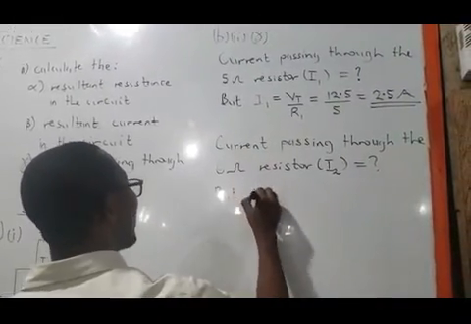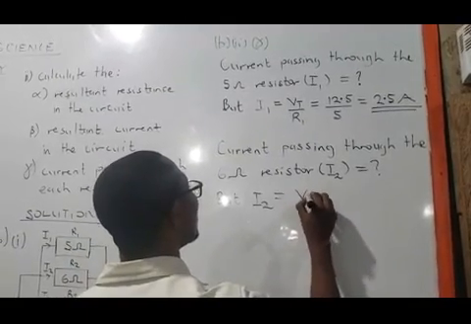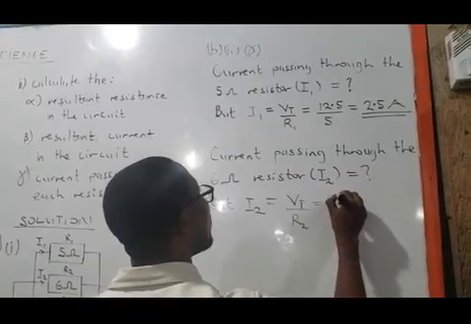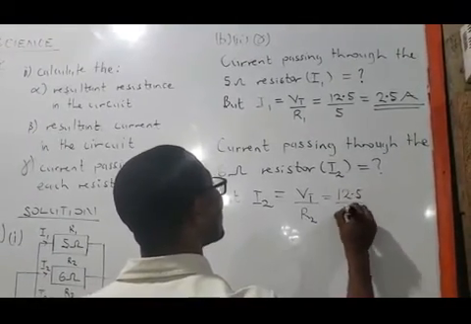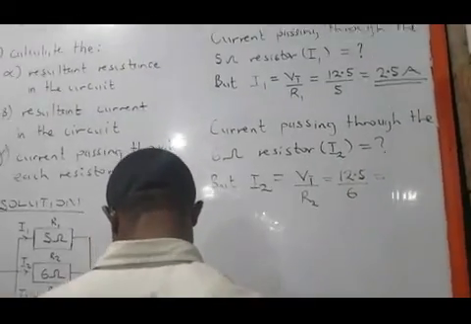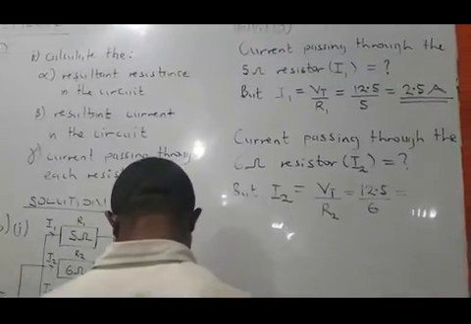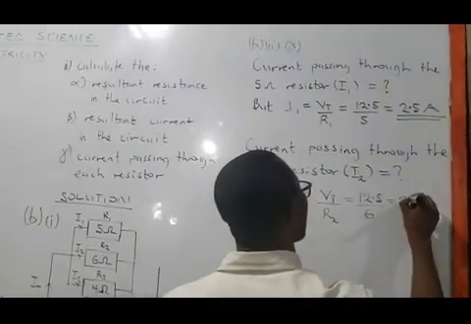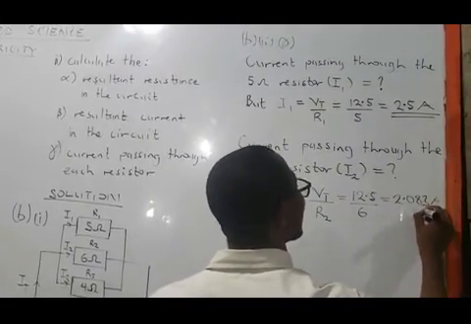So just like I1, your I2 becomes the total voltage over R2. So you have 12.5 divided by 6. That will give you 2.083 amperes.